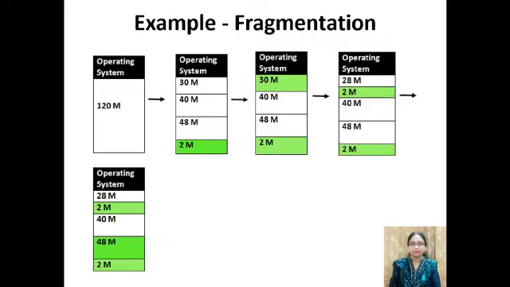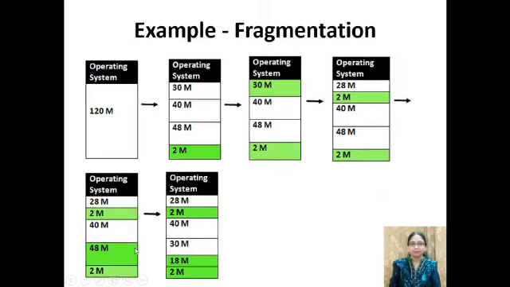Now, the process of size 48 M completes its execution and makes the space vacant. This time, the first process of size 30 M re-enters the system and gets allocated inside the memory, inside the 48 M hole. So here an 18 M hole is created.